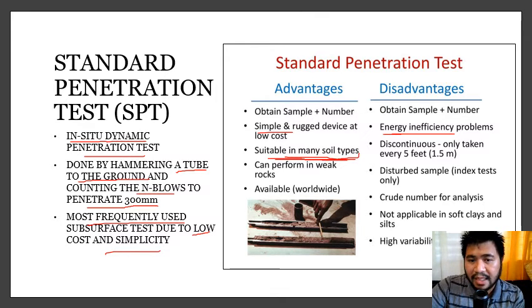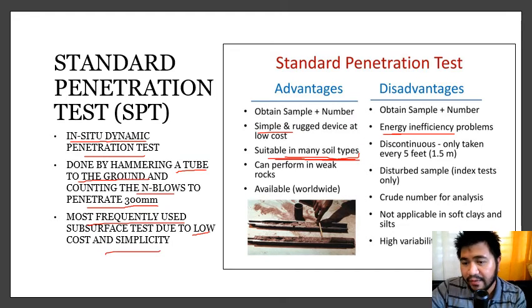Other problems with SPT is when you have a soft soil, like a clay, but you have boulders or gravels embedded in the clay. This can mess up your measurements. It can, the gravels or boulders or cobbles.